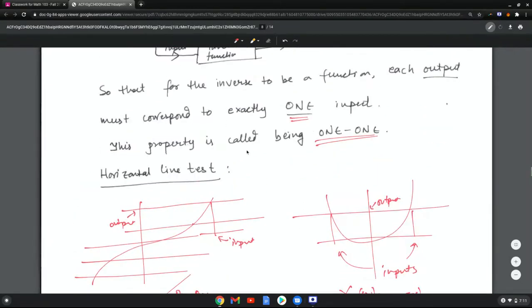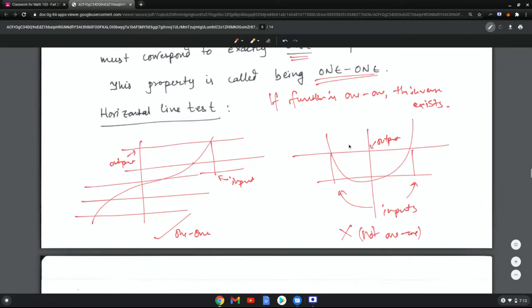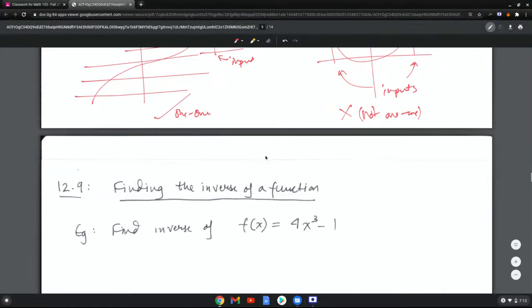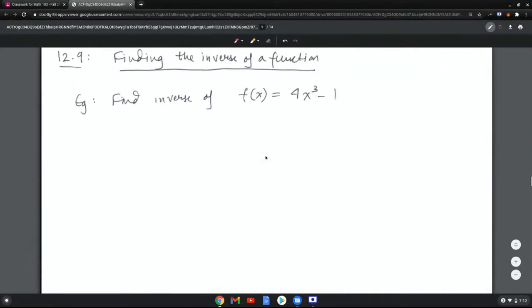So if a function is 1-1, the inverse exists. Otherwise, it does not. So now we know how to check for existence. Let's see how to find the inverse. Finding the inverse is essentially, you have to remember, inputs and outputs are getting swapped, right?